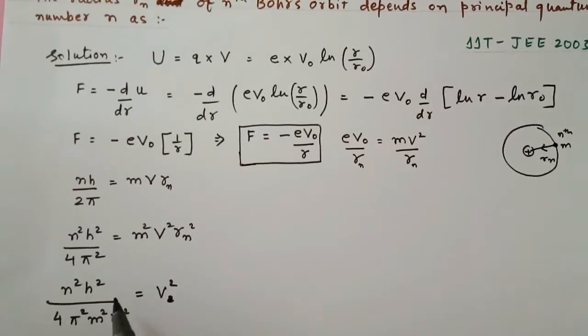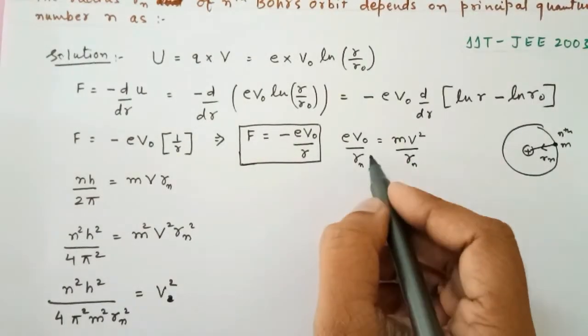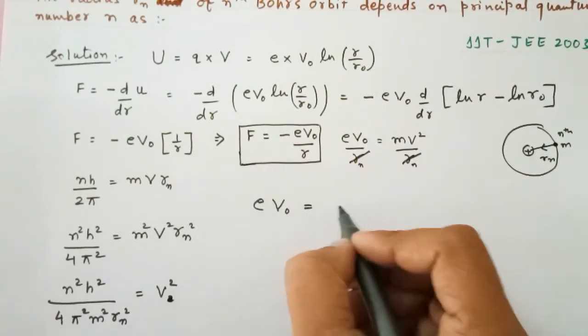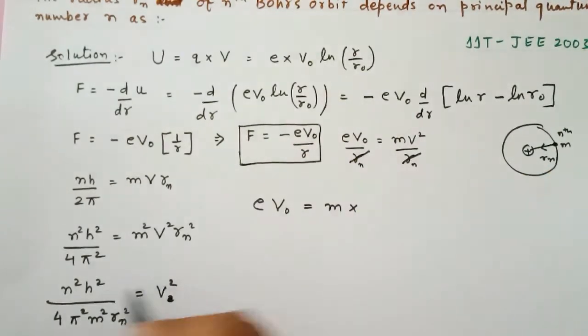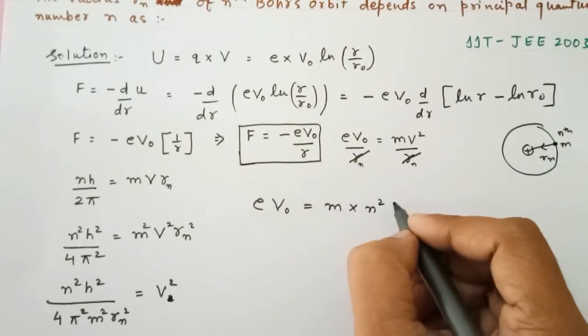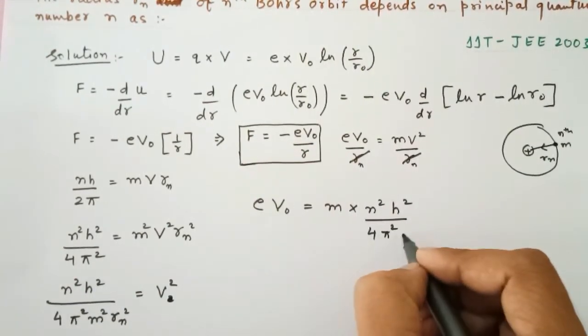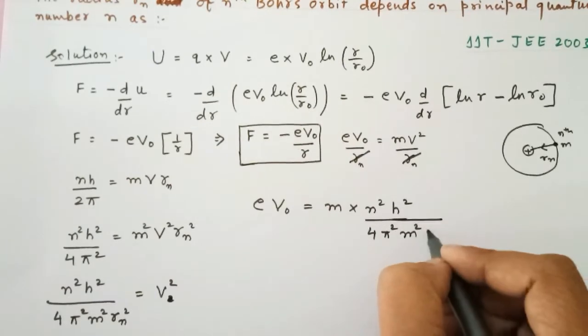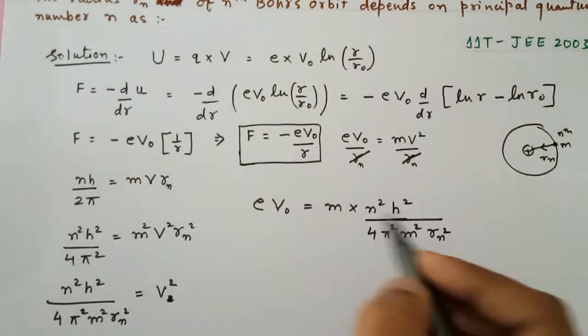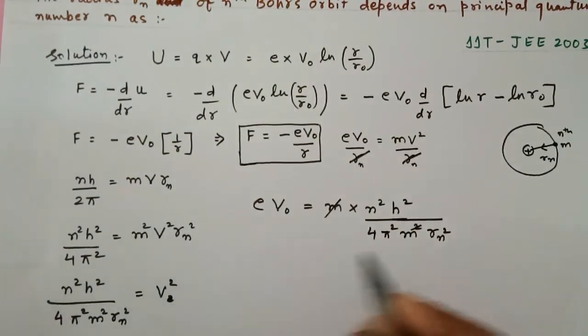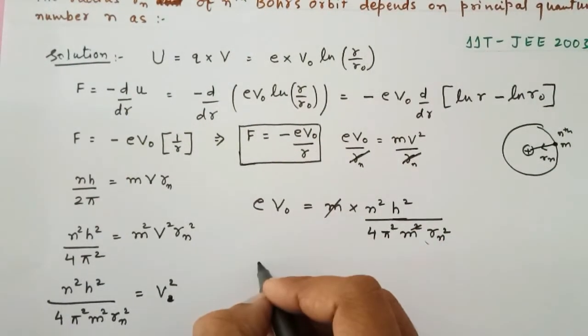This v square value I am going to substitute over here, since these two are getting cancelled. So e times V0 is equal to m multiplied by v square, that is n square h square upon 4 pi square m square Rn square. So m gets cancelled. This Rn square goes over this side.